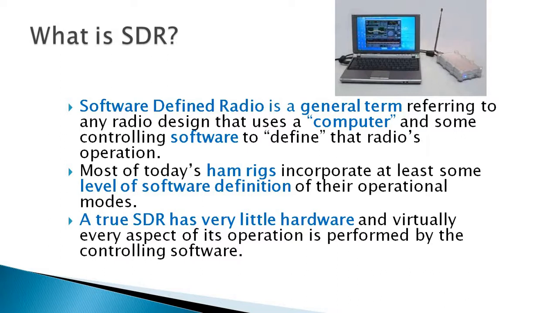Most of today's ham radios incorporate at least some level of software definition of their operational modes. A true SDR has very little hardware, and virtually every aspect of its operation is performed by the controlling software.